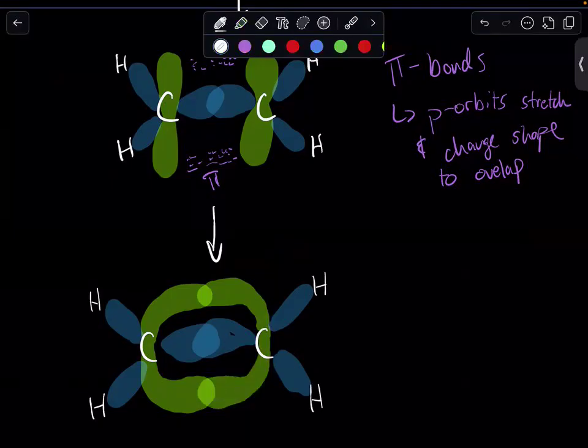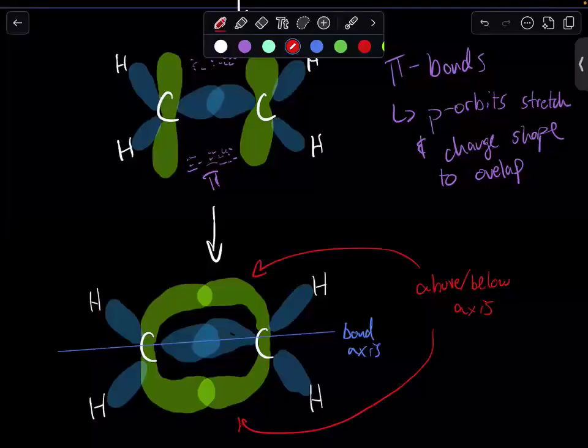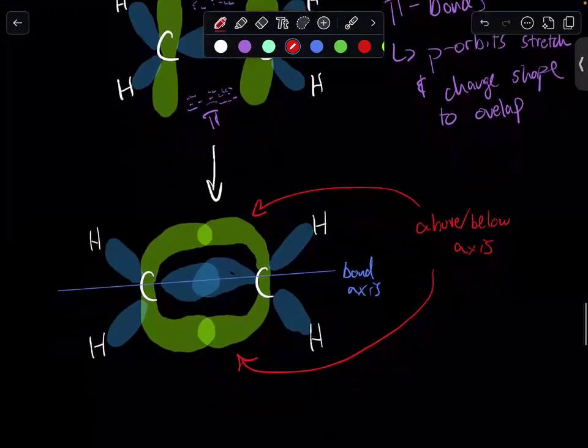We still have our central bond axis right through the middle. That's where our sigma bond occurs. So that's the bond axis, and this is happening above and below the axis. So we get these weird shaped orbitals when they form this pi bond.